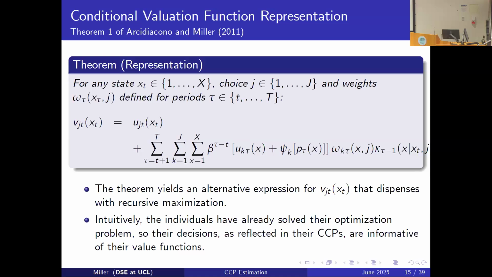There's no magic involved. It's just using the fact that in any event, we're going to exploit the fact that these people have already solved the problem for us. That's what we're assuming in our model. So why are we using the computer to do it again? Okay, that's the intuition.